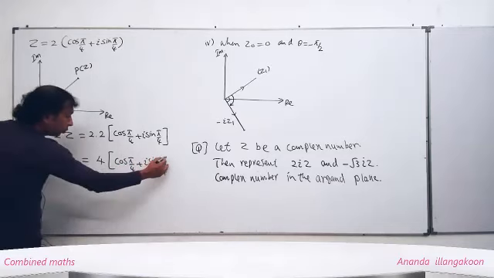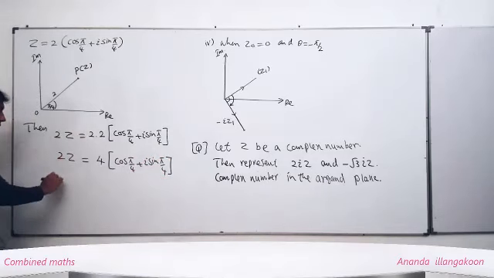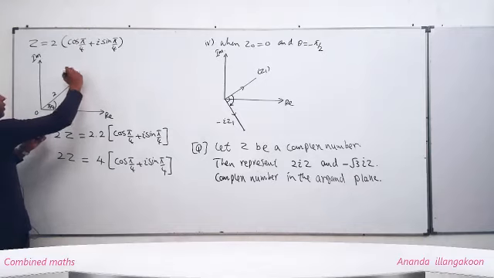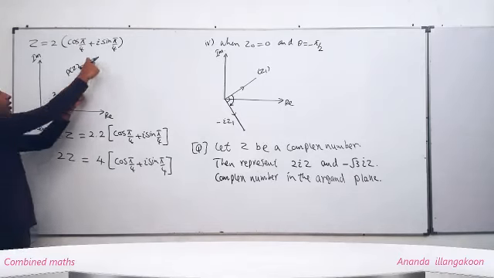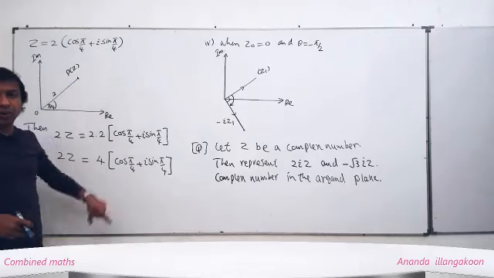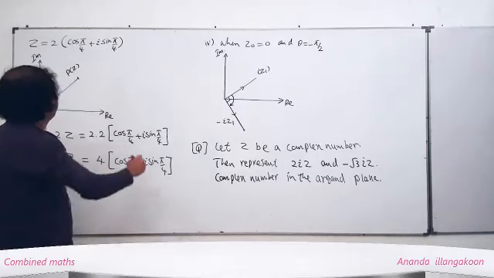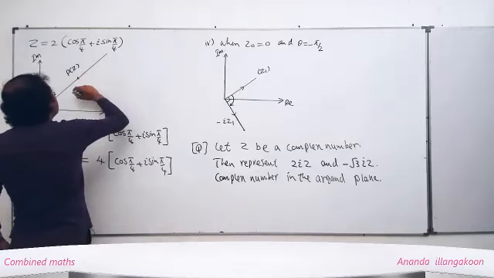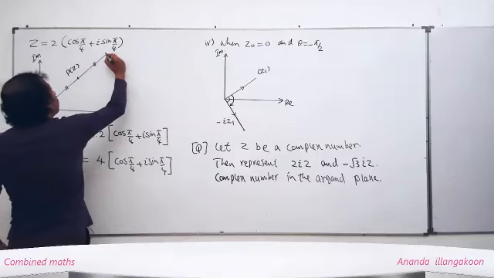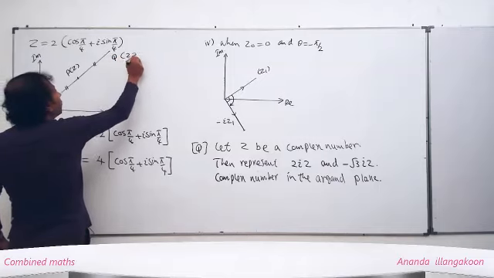Then people, to represent the 2Z complex number, on the same line, this length of the line should be doubled. We have to produce this line from here, the same length. Then its ending point only is the 2Z. And then we can write 2Z complex number, this and this being equal. This is the point, say Q, representing 2Z complex number.